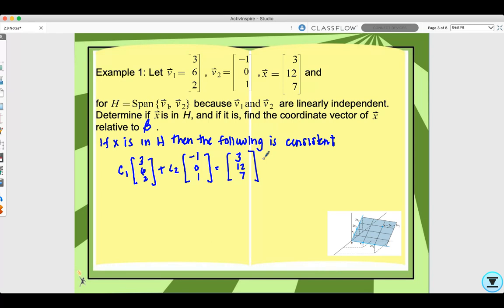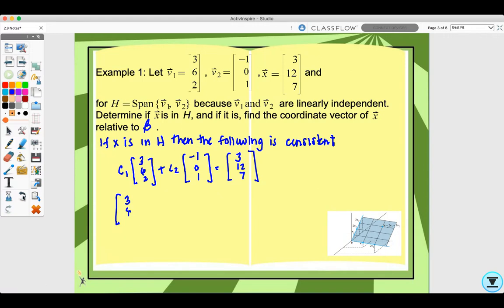The scalars c1 and c2, if they exist, are the B-coordinates of x, and row operations show this. So we would be able to row reduce this down to, thus c1 equals 2 and c2 equals 3.